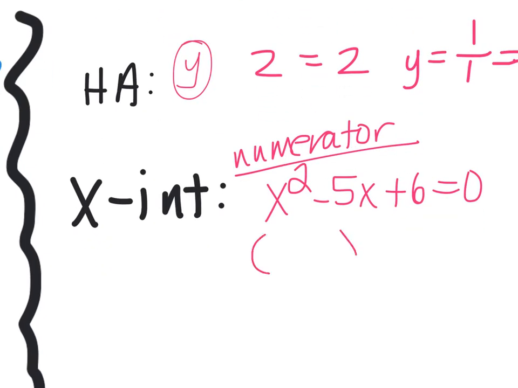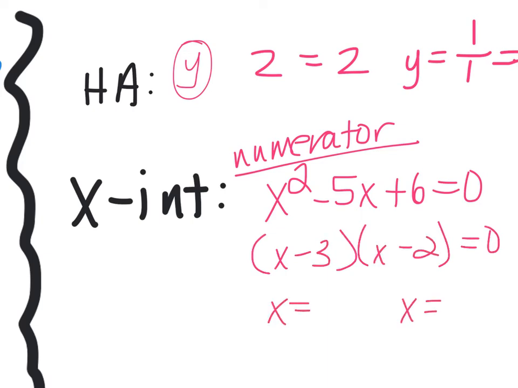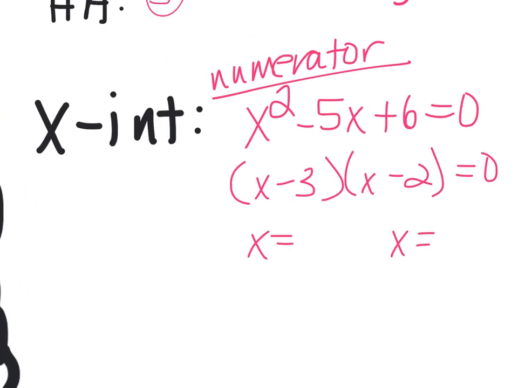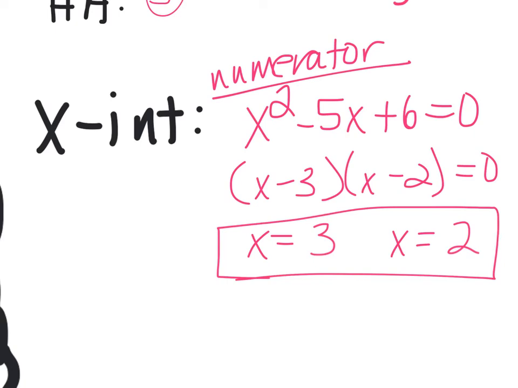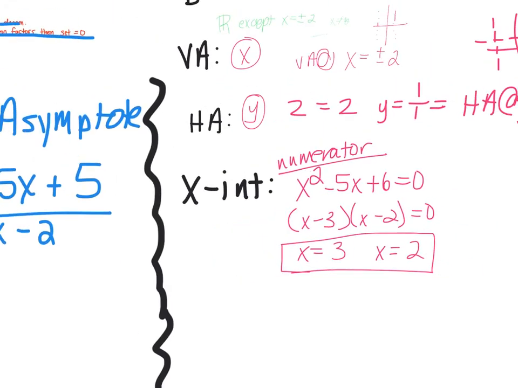Are there two factors of positive 6 that multiply to give me positive 6 but add to give me negative 5? Negative 3, negative 2. So I have intercepts at x equals 3 and 2. What does that mean? That's where the graph touches the x-axis. Good. Is this terrible? It kind of is a little bit, but it's not too hard.